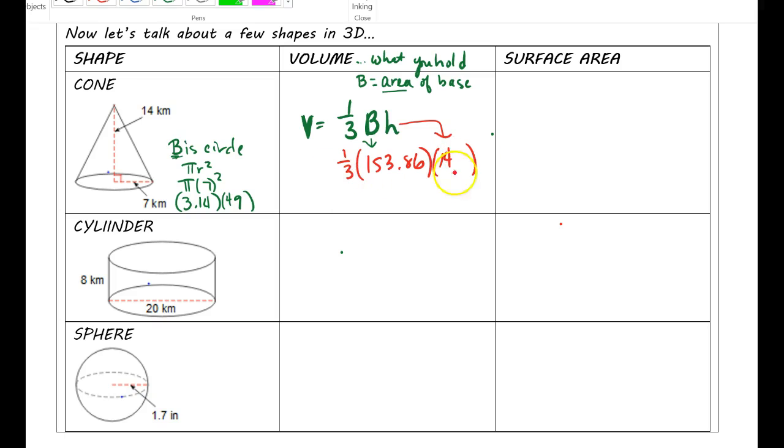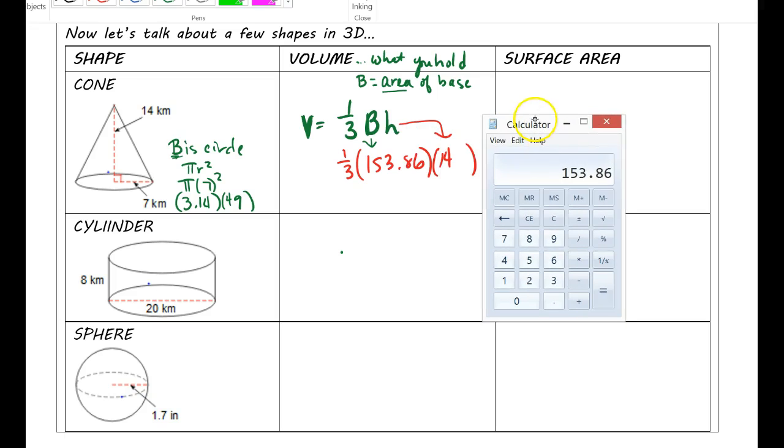So now you get to just type all of this in. So it's going to be our 153.86 that we had times 14 times 1/3. You can do multiplication in any order you want. So I'm going to just leave this on my screen and do times 14 just so I don't have to retype it. And then I'm going to do times 1/3, okay?